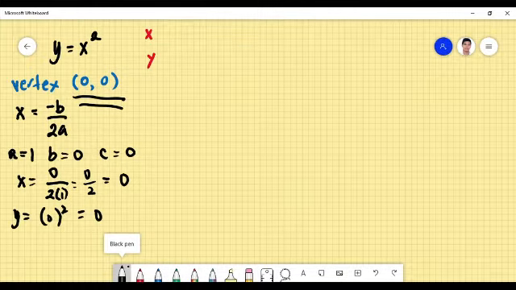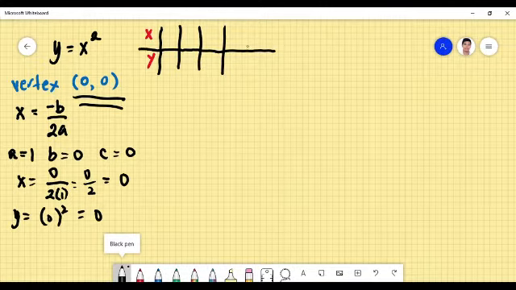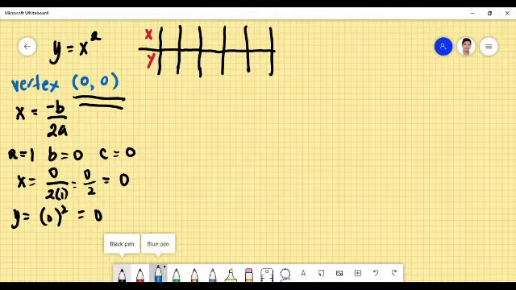Sabi ko nga sa inyo, pag gagawa tayo ng table of values, add numbers para meron tayong gitna. Kasi pwede na yung limang value doon sa table of values. Doon sa center ng table of values natin ilalagay yung vertex.